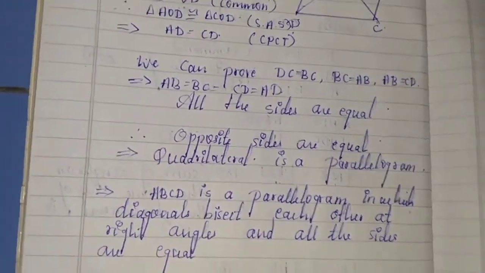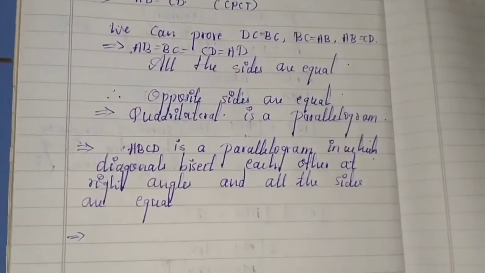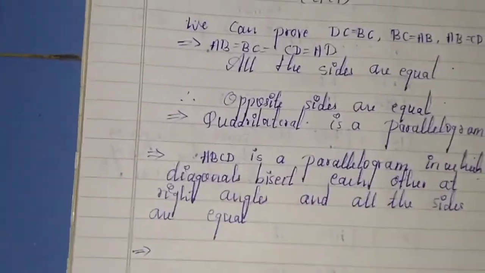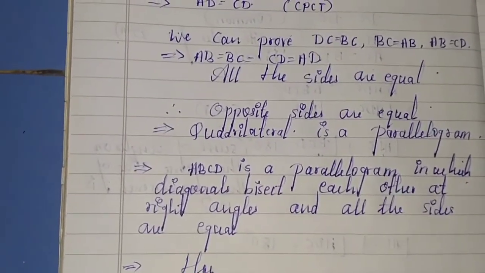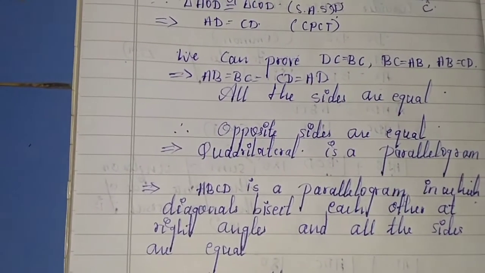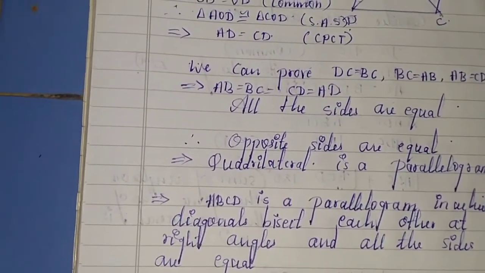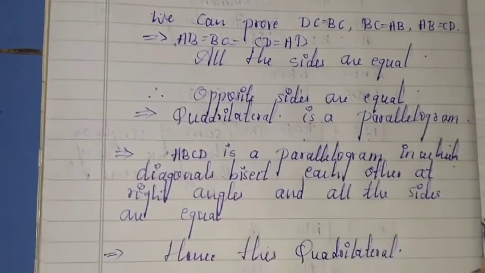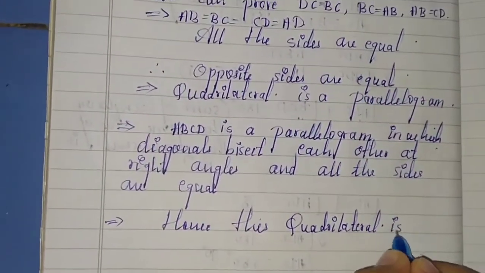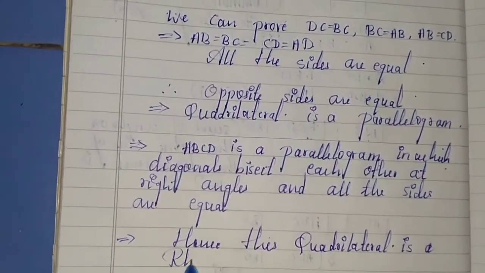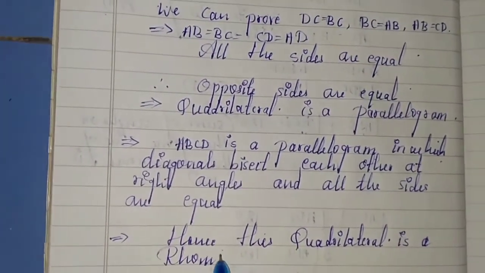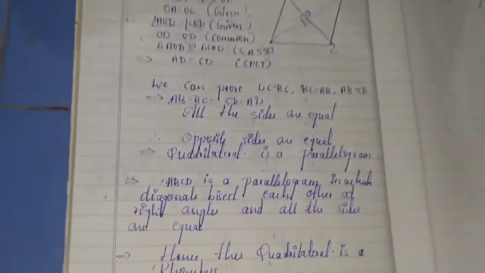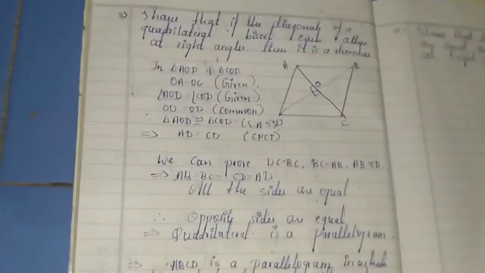Now, at last, the conclusion: hence this quadrilateral is a rhombus. Okay, now we'll move on to the next question, the fourth one.